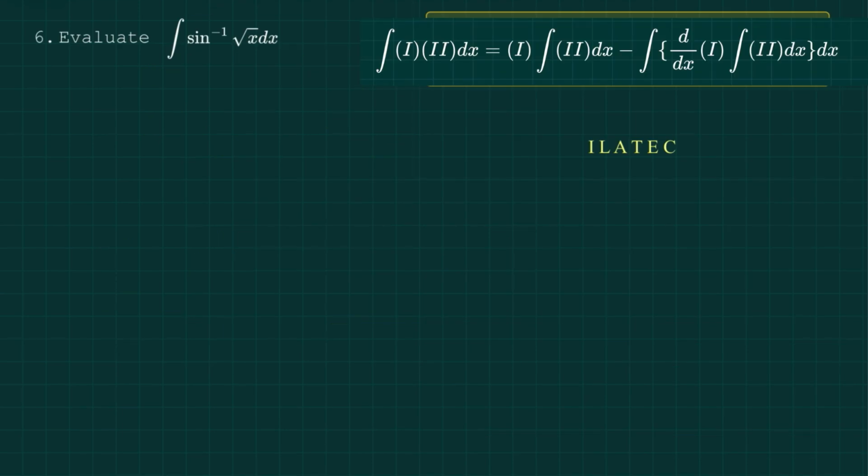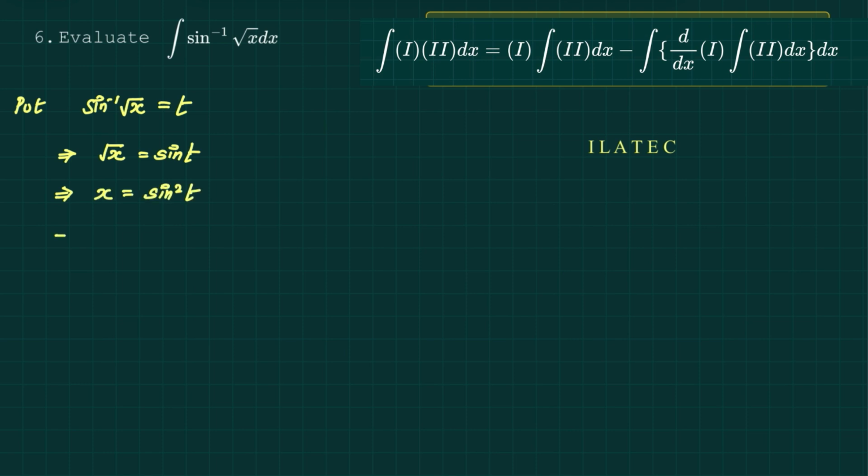Question 6. Evaluate sin inverse of square root of x. So before using integration by parts, let us consider sin inverse of root x equals t. So from here we get square root of x equals sine t, and on squaring both sides we will have x equals sine square of t.